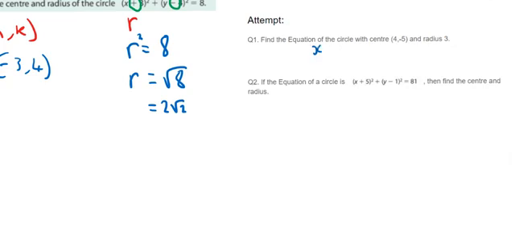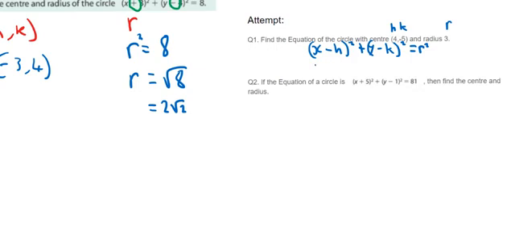So if I write down my general formula again, it's x minus h squared plus y minus k squared equals r squared. So I know that my center is h, k and my radius is r.